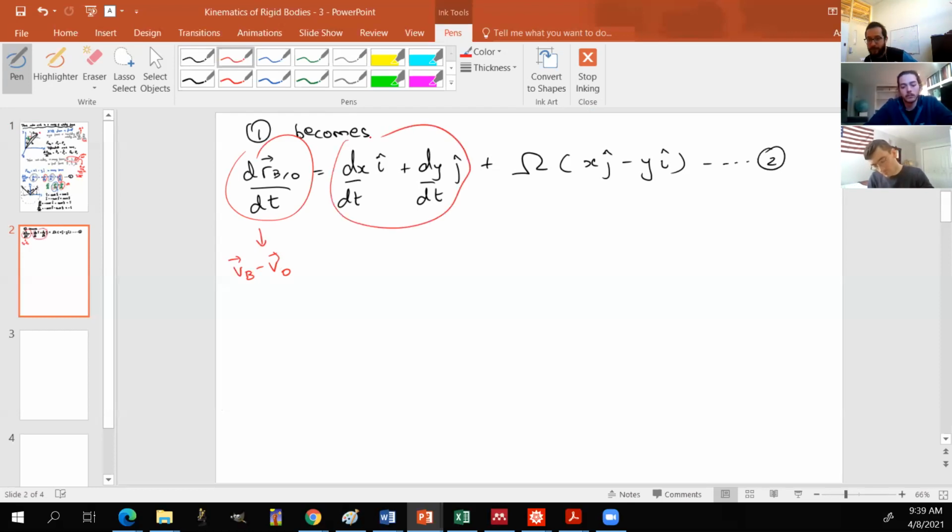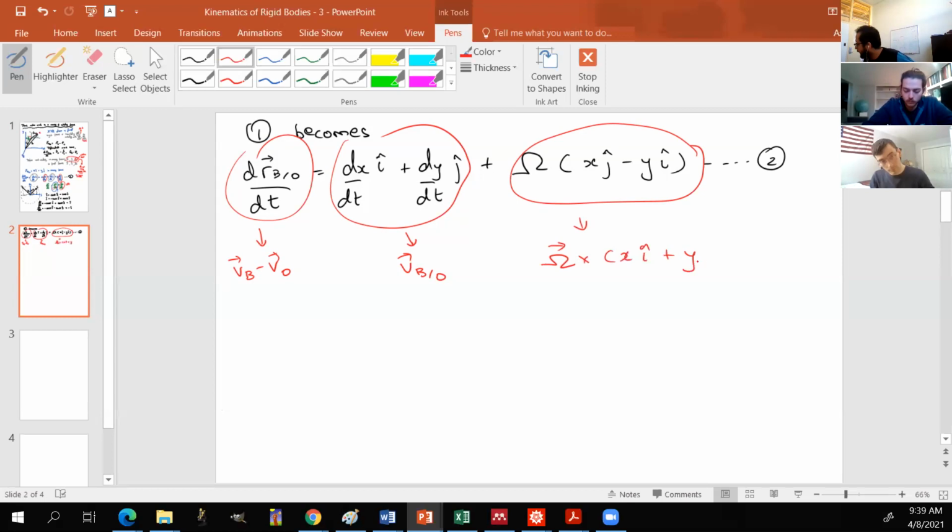This expression here is just the velocity of B with respect to O. And this expression here is just equal to your omega crossed with x little i plus y little j, which is just omega crossed with r of B relative to O.